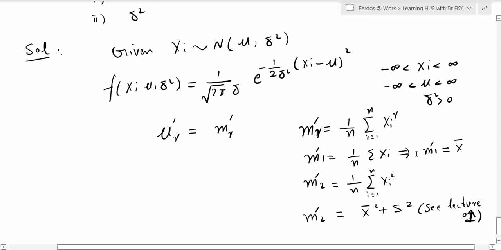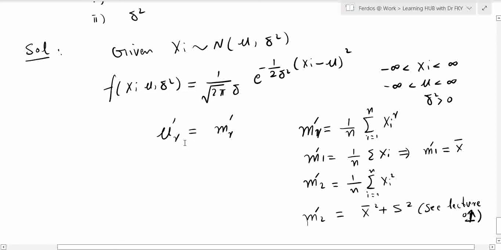We already discussed this in lecture 1 in detail. M2 prime is equal to 1 divided by n summation xi square, and we discussed this in lecture 1 too. I will give a link in the comments for that lecture, so you can see it for detail. M2 prime is equal to x bar square plus s square. So we know m1 and m2.